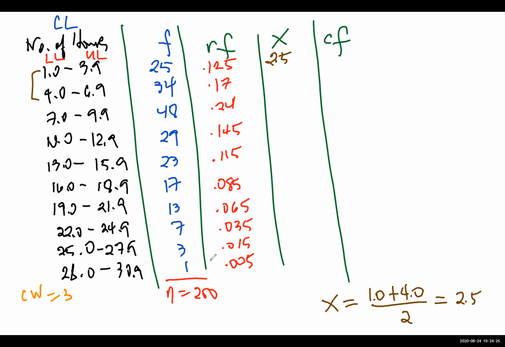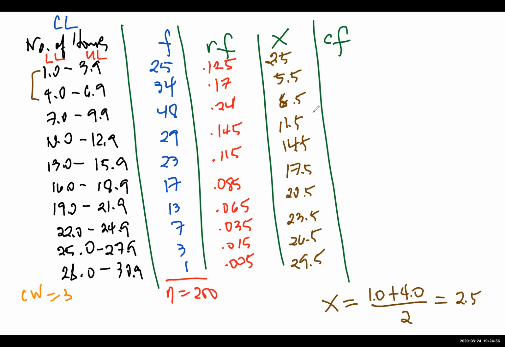So 2.5 plus 3, 5.5, 8.5, 11.5, 14.5. Okay. Any questions?